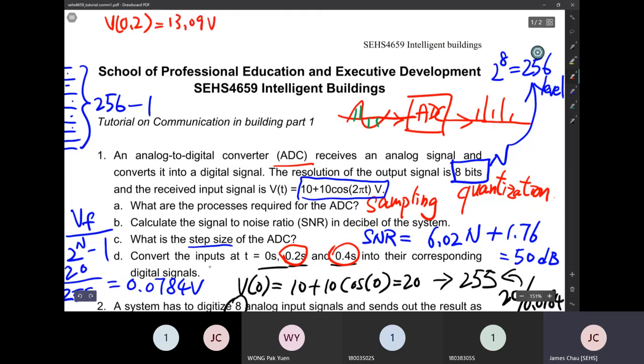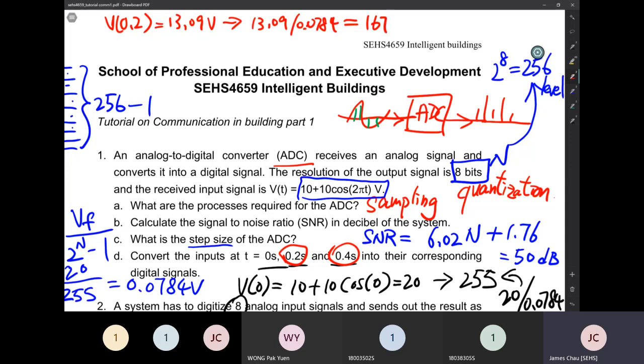equal to 13.09 volts. Therefore, after you make the conversion, you have 13.09, and you divide it by the step size 0.0784, and after rounding, the level becomes 167. Okay.